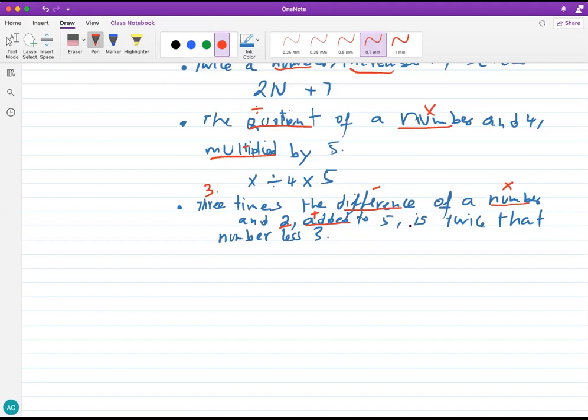Is. How do you translate is? The symbol of it. For example, give you an example. If you say the sum of 5 and 1 is 6. Oh, equal. An equal sign, that's right.